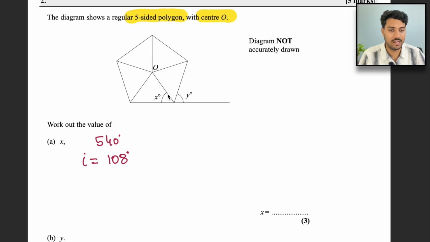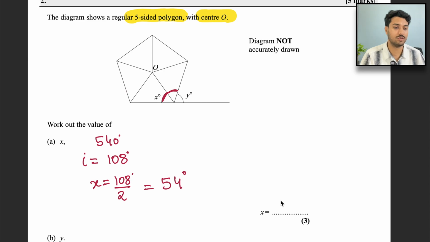Now this X is going to be half of the whole angle, and the whole angle is 108. So X is 108 degrees divided by 2, which is 54 degrees. So X is 54 degrees and now we have to calculate Y.